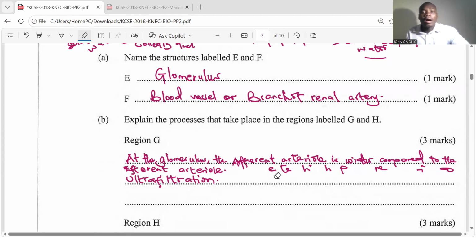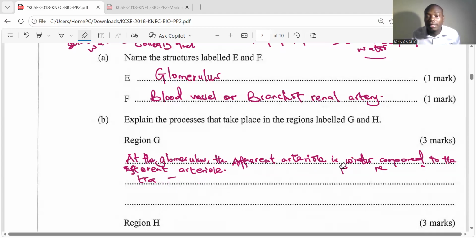So it is wider to bring blood to the glomerulus. Are you getting that? The afferent arteriole is wider compared to the efferent arteriole, as it brings blood to the glomerulus, full stop.